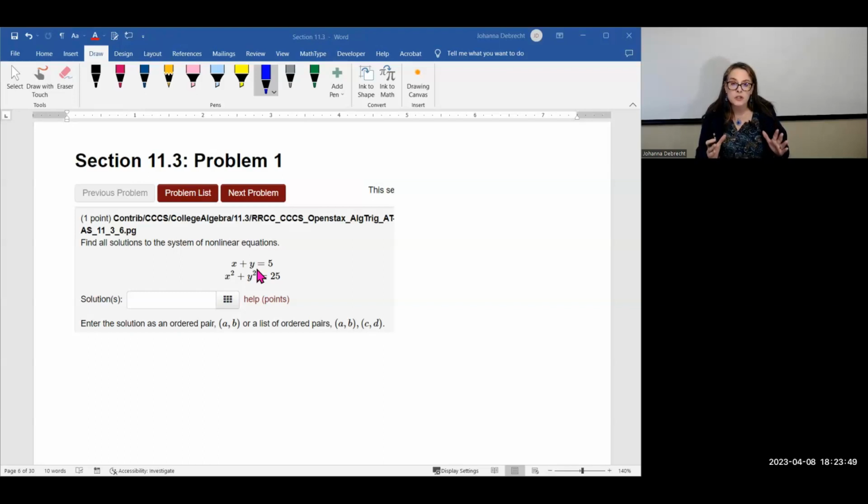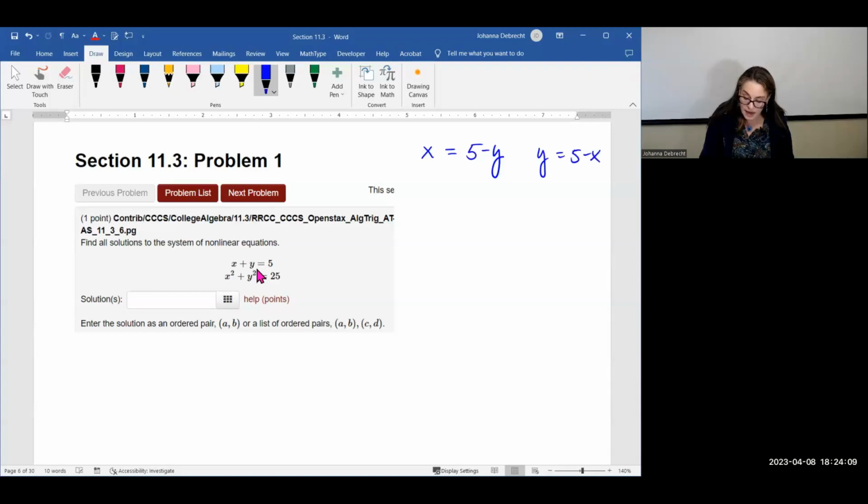To do substitution, we look for a variable with a 1 coefficient and a 1 power. That means that either the x or the y out of the linear equation are good choices. So totally up to you. You could either write x equals 5 minus y, or you could do y equals 5 minus x.